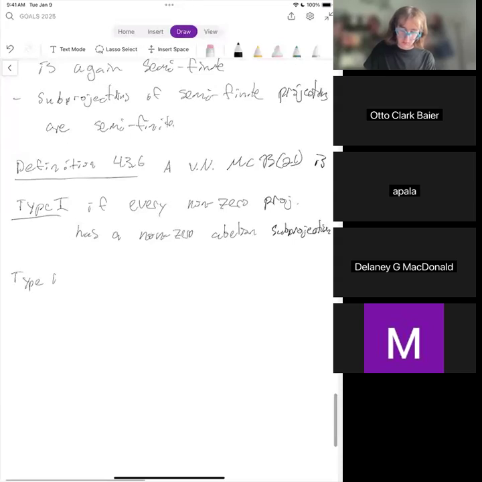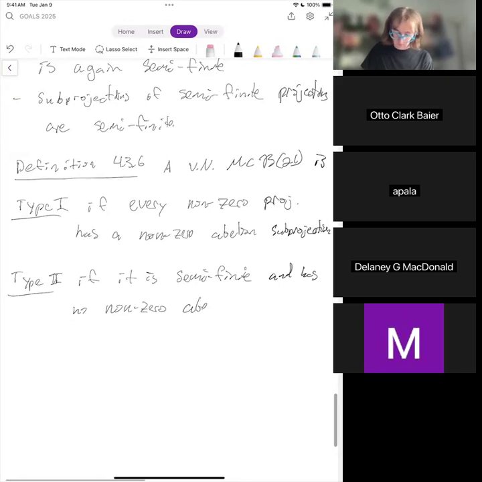That will be type 2 if it is semi-finite and has no non-zero abelian projections.